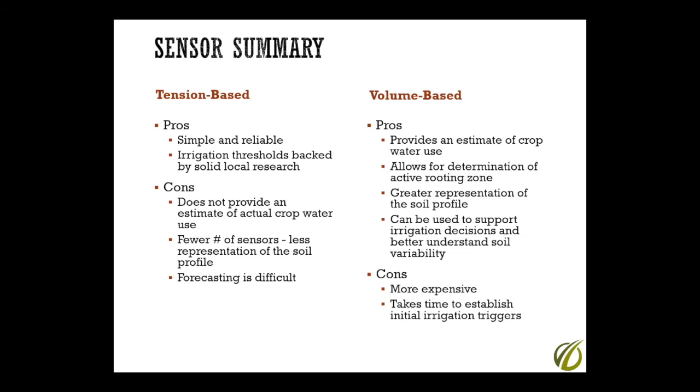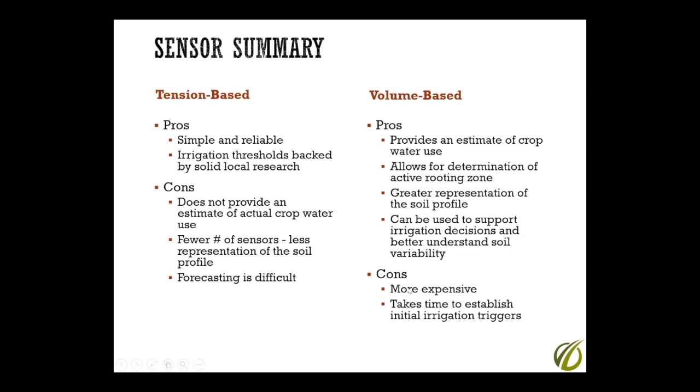Also, because I have sensors every 4 inches throughout that probe, I can actively determine where the active rooting zone is, and I can update my calculations frequently to represent from where my roots are pulling water. As that crop grows, as those roots get deeper, I can update that and just in general be more accurate than I would if I only had three or four watermark type sensors involved.